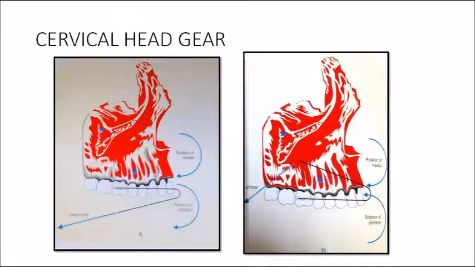Please look at the picture on your left side. You can see the line of force, denoted by the black line, extending from the outer bow. The inner bow is inserted into the molar tubes and the outer bow extends below the center of resistance of the maxilla as well as the maxillary dentition.